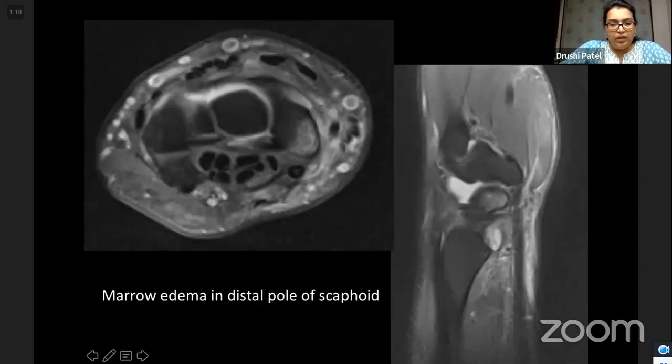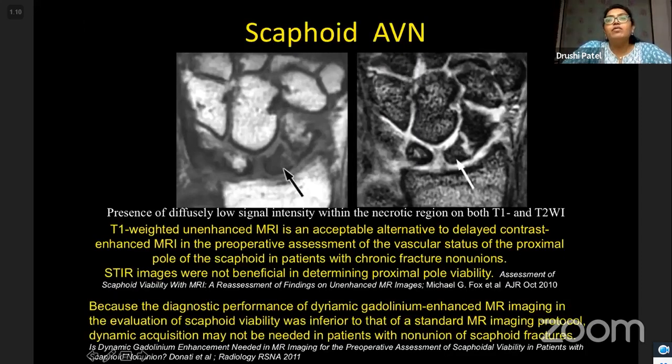Now, okay, so that is a marrow contusion, not a fracture. Another thing: whenever there are scaphoid fractures, the MR is done to identify whether there are changes of avascular necrosis. There have been studies which tried to evaluate the role of dynamic contrast MR for scaphoid viability, and it was found that the findings were still equivocal.